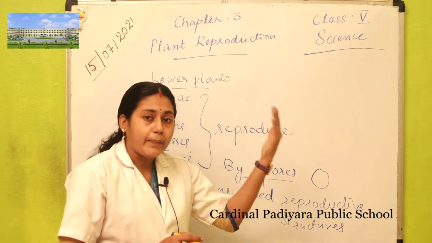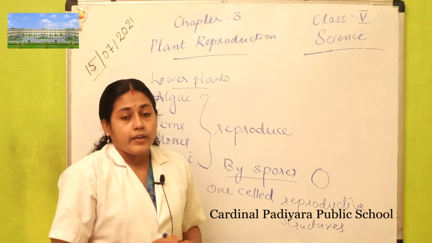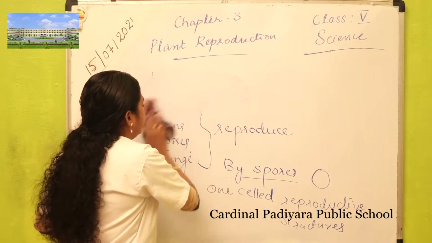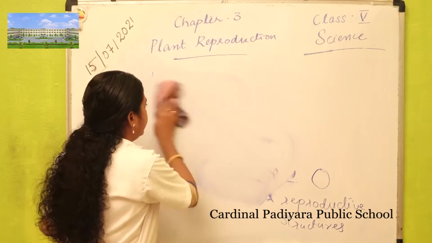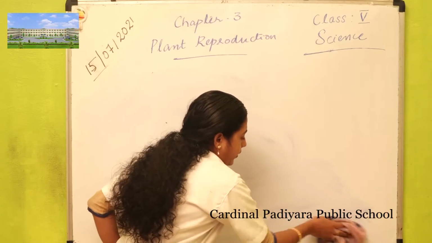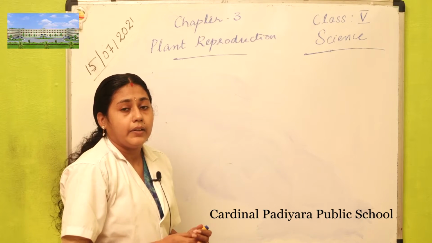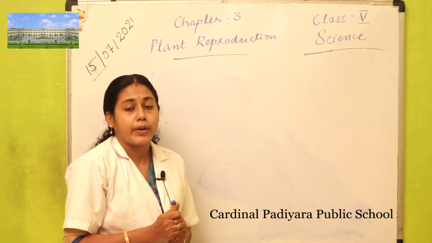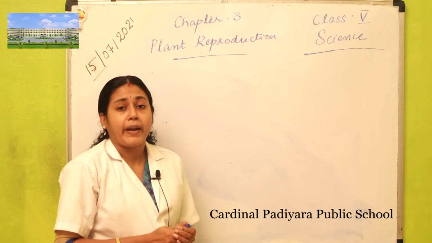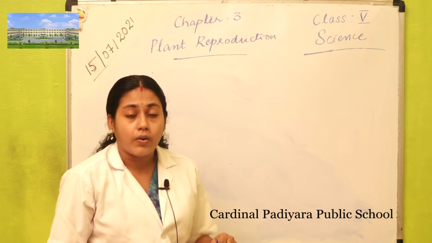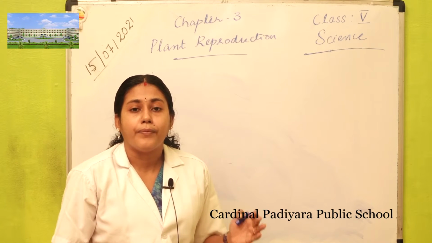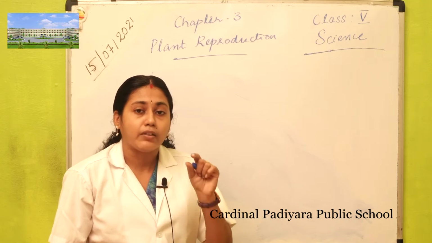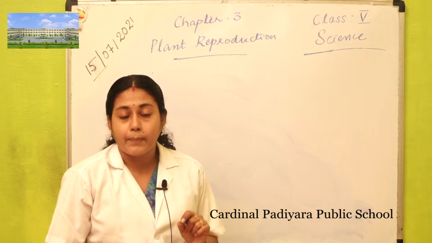Then how do big plants reproduce? In certain cases, bits or parts of plants break out from the parent plant, and new plants will form from these bits.